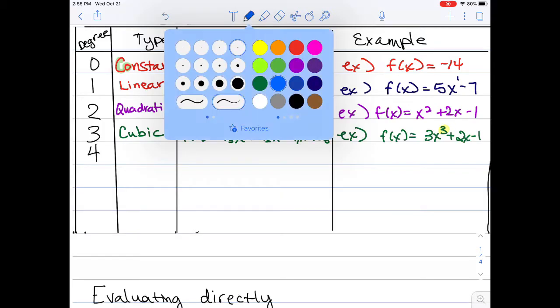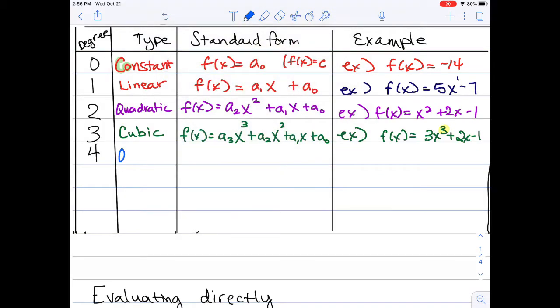And our last one is called the quartic. Now there's more, but these are the most common. And the way we write the quartic function is, we'd say the coefficient a sub 4 times x to the 4th power, coefficient a sub 3 times x to the 3rd power, coefficient a sub 2 times x to the 2nd power, coefficient a sub 1 times x to the 1 power, plus that last coefficient.